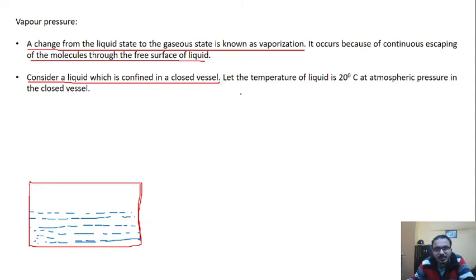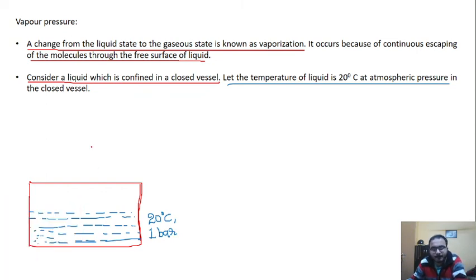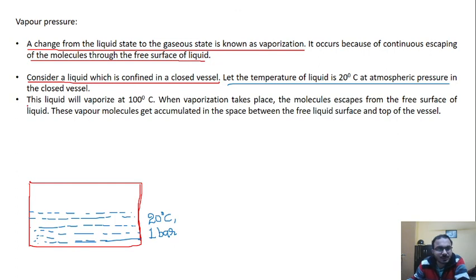Now let's say the temperature of the liquid is 20 degrees Celsius at atmospheric pressure. So the condition here is 20 degrees Celsius and 1 bar. Obviously, let's consider this to be water, then it will vaporize at 100 degrees Celsius.